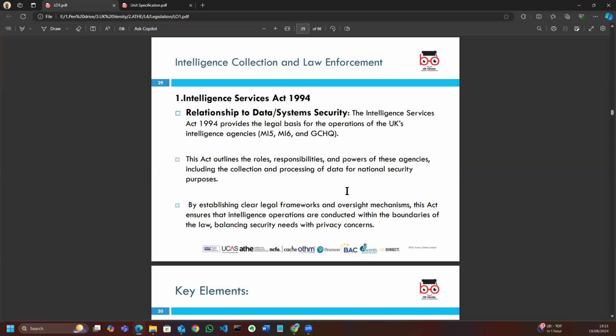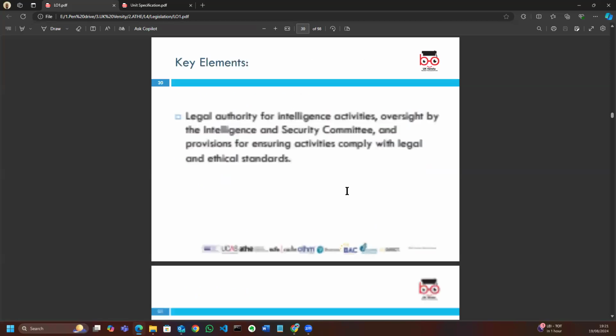What it does is that this act outlines the roles, responsibilities, and powers of the agencies, including the collection and processing of data for national security purposes. What are the key elements? This gives legal authority for intelligence activity, oversight by the Intelligence and Security Committee, and provision for ensuring activity complies with legal and ethical standards.